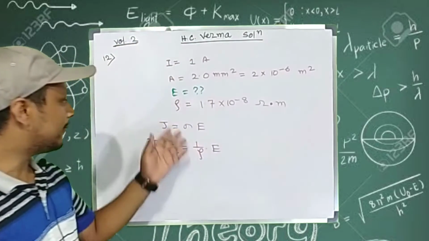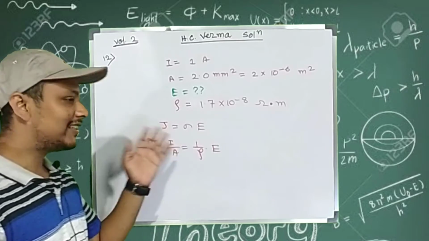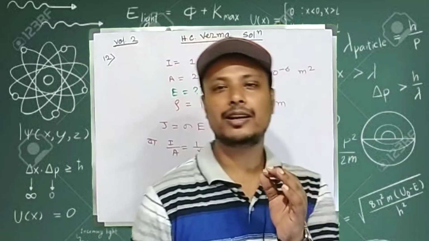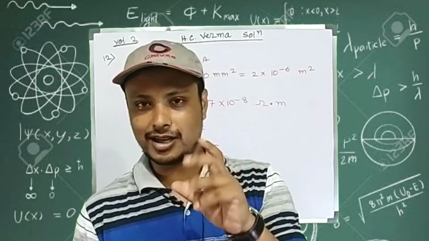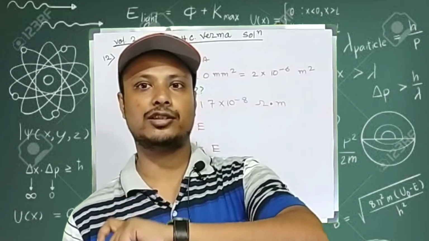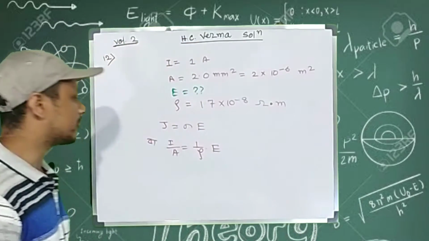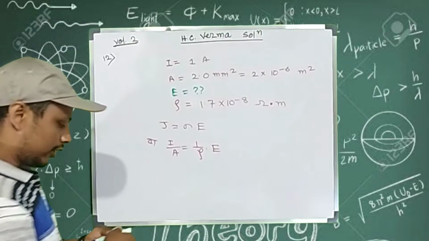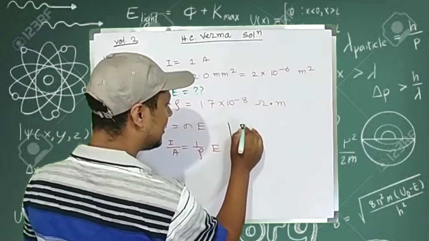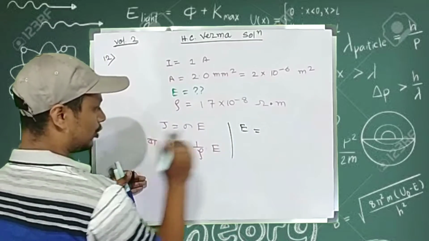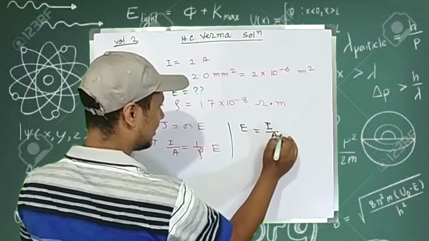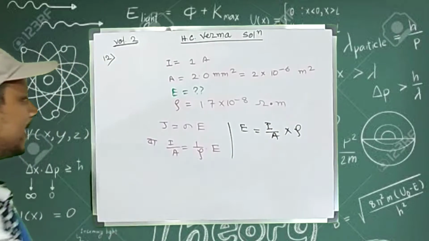So sigma is 1 by rho, and J, the current density, is the current divided by the cross-sectional area. So now the electric field can be written as I by A into rho.